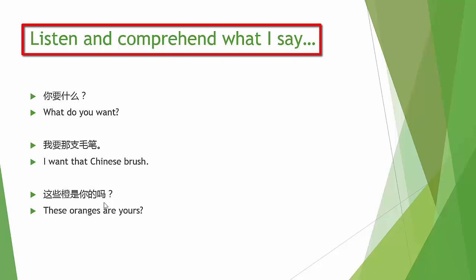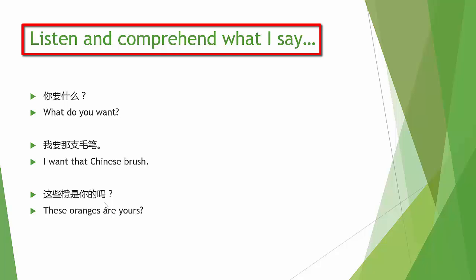And of course, if you don't have a question mark at the back, it is, these oranges are yours. If you just put a question mark at the back, it is a yes or no question. And the answer is still the same. By just putting a question mark, it becomes a yes or no question.